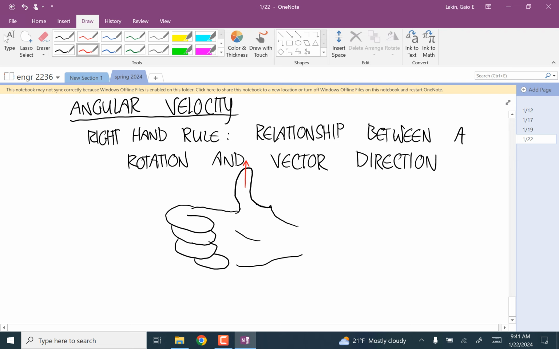Your fingers are showing a direction of rotation. A lot of times when you have rotational quantities, you represent their direction with that right-hand rule vector direction, since there's no real clear way to represent a rotation. So instead you represent it with that thumb direction.